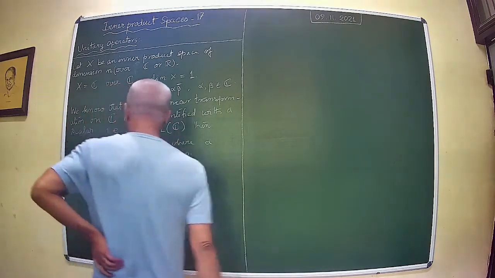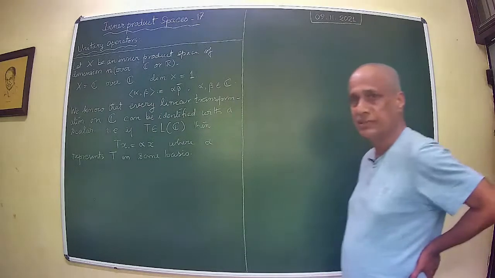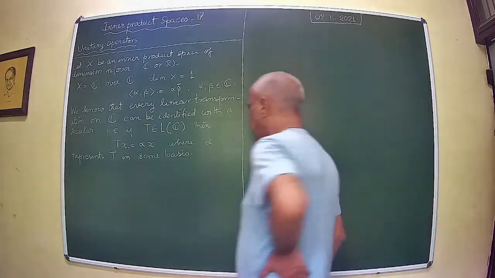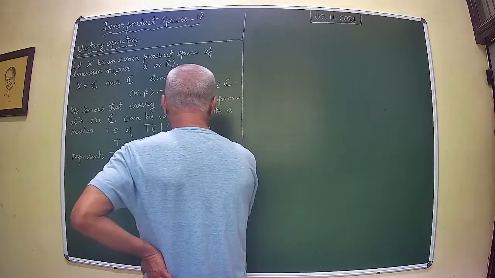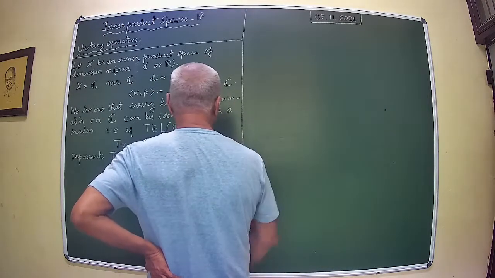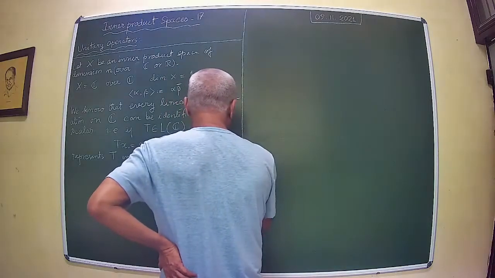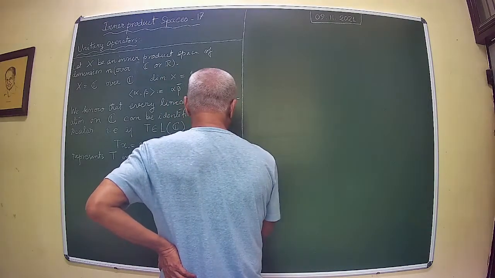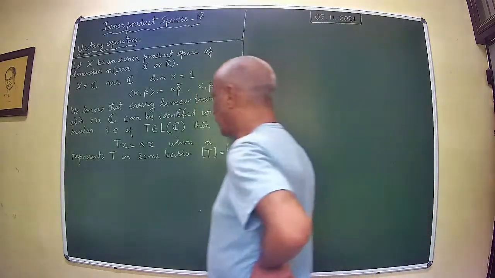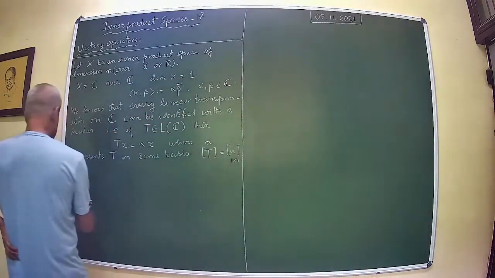That means we choose a basis, and with respect to that basis alpha represents T. Therefore, the matrix representation of T is given by alpha, a 1 by 1 matrix where alpha is a complex number.